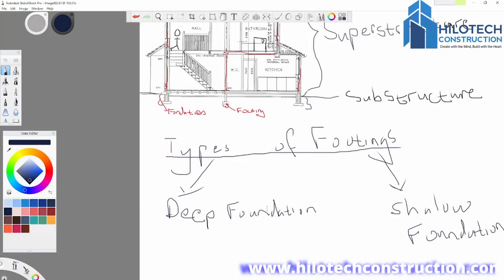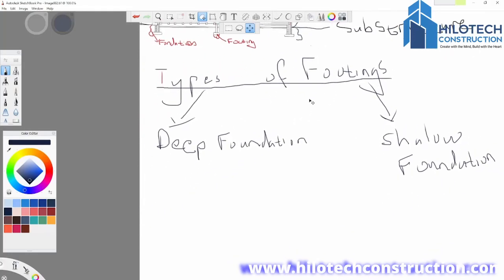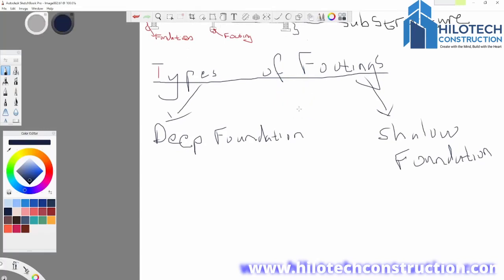So how do you know if your foundation is a deep or a shallow foundation? Well, it's very easy for you to know that. So, if you have your footing like this, this is the plan view of the footing. Of course, you have the length and you have the width.